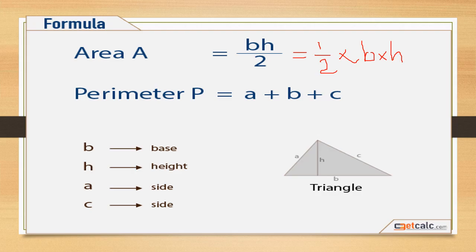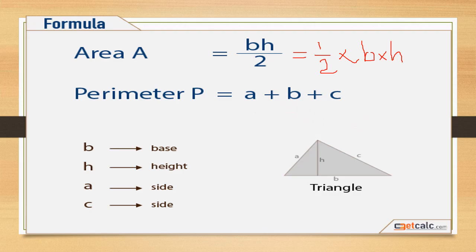Then perimeter of triangle, distance around the figure, A plus B plus C. B means base, H means height, A, B, C are the 3 sides of triangle. So area of triangle half into B into H, perimeter of triangle A plus B plus C.